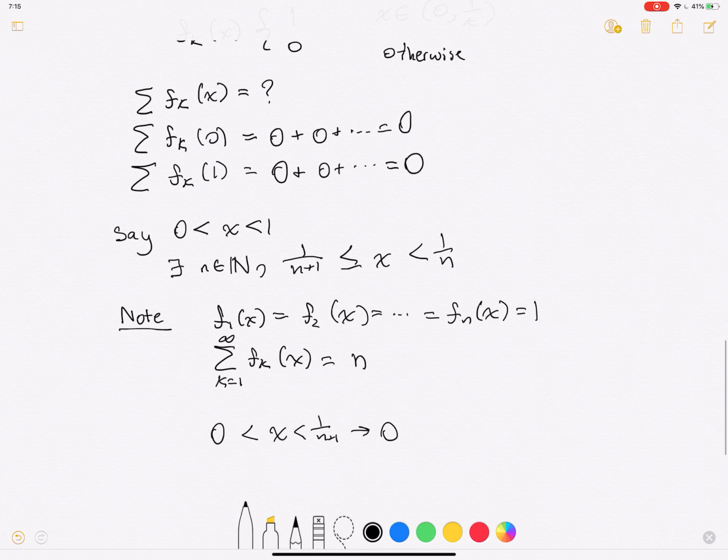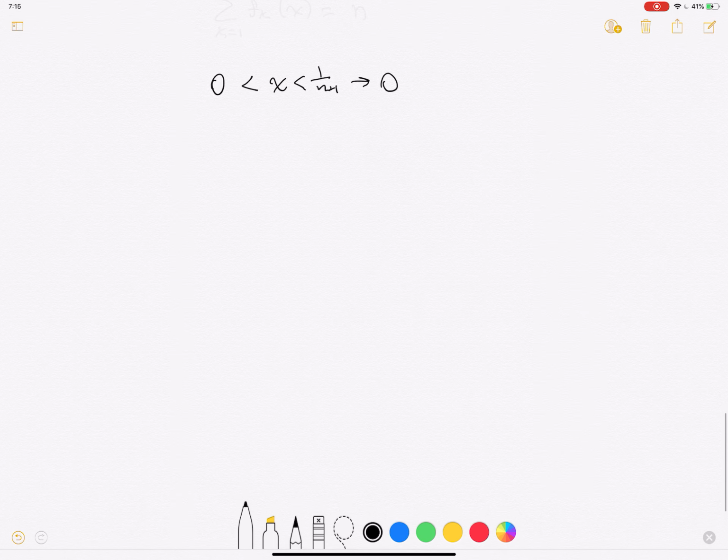So we found the sum for everything in the domain. Now let's see.